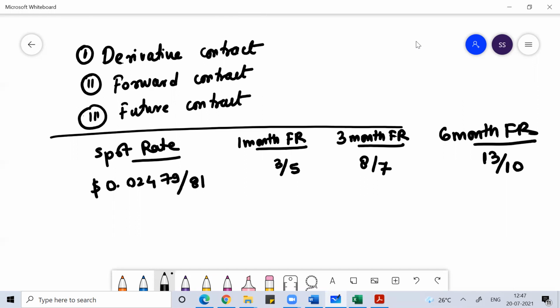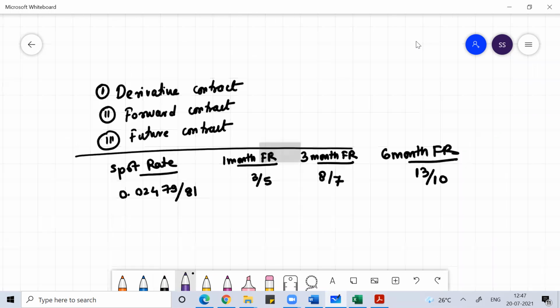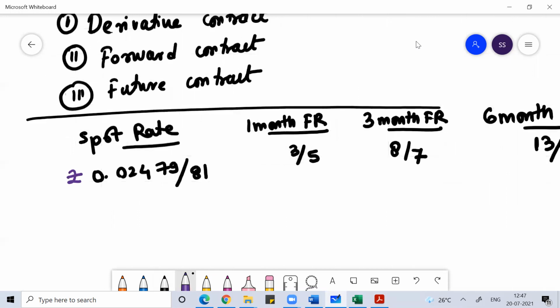So normally when we see this representation, they are talking about the transaction of dollar in terms of rupee. Maybe they're talking about rupee in terms of dollar. 1 rupee is equal to how much dollar?